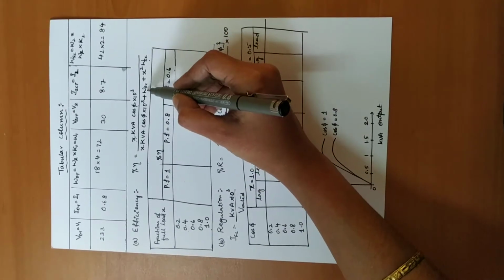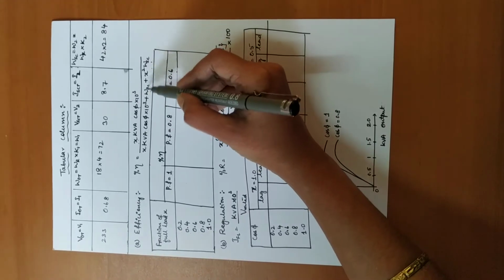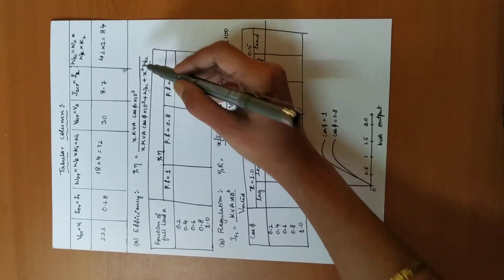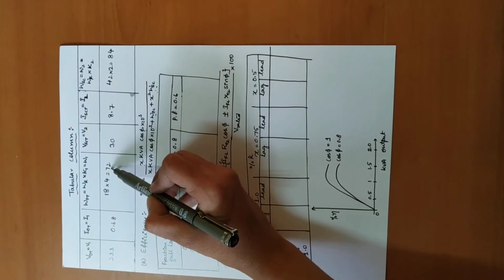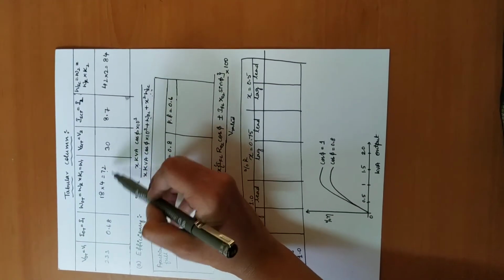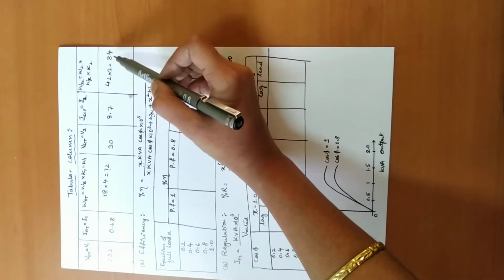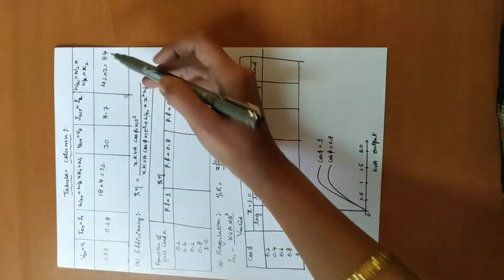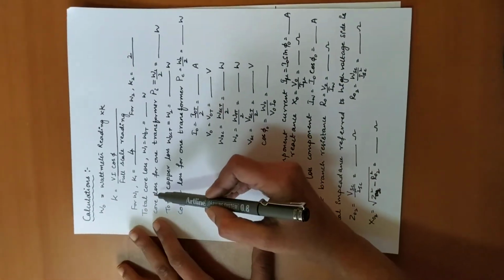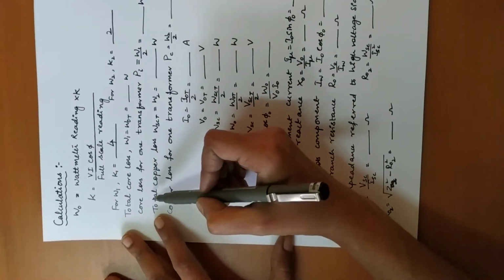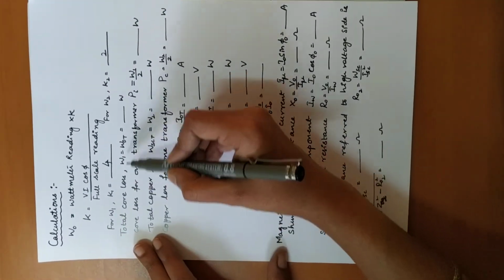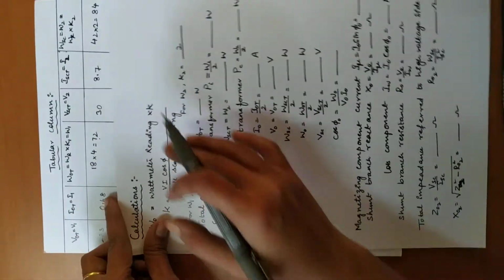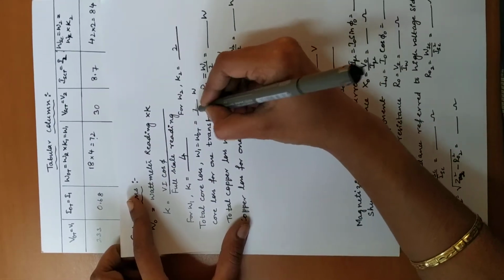Here one thing is we have to find out what will be the two losses, W naught C and WSC. W naught C, already you have observed, is around 72 for the total of the two transformers, and this is the WSC, that is a total of the two transformers. But now if you calculate here, we can get separately what you need to substitute in the efficiency formula. So total core loss, that is W naught T, will be the value we have got as 72.